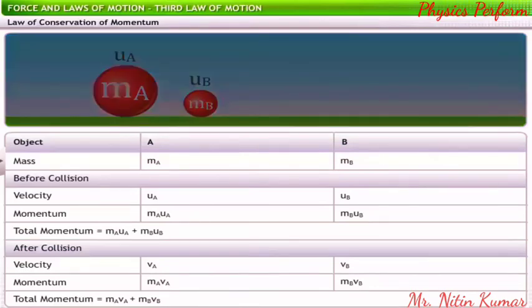A is following B, and both these objects display unequal initial uniform velocities. Let these velocities be UA and UB respectively. The magnitude of velocity of A is greater than that of B.